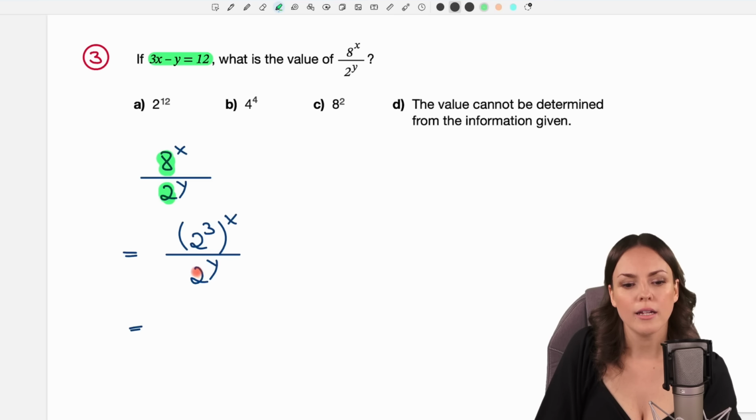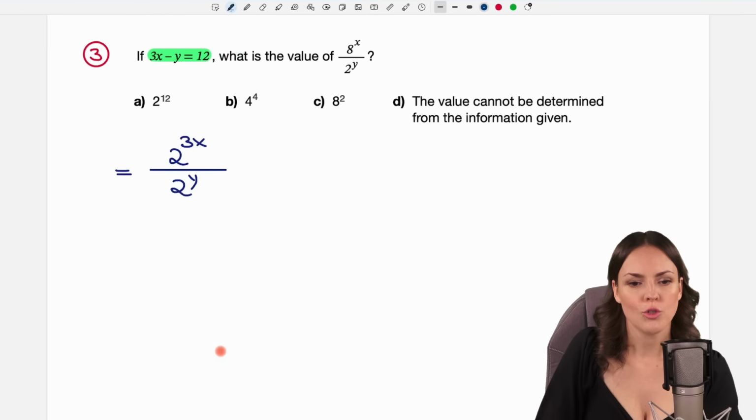Now I have my base 2 here, but I want to get rid of these parentheses here as well. And we are always allowed to just multiply these exponents here so that we have base 2 and 3 times x equals 3x. And I keep my 2 to the power of y here. So this is how my expression looks now.